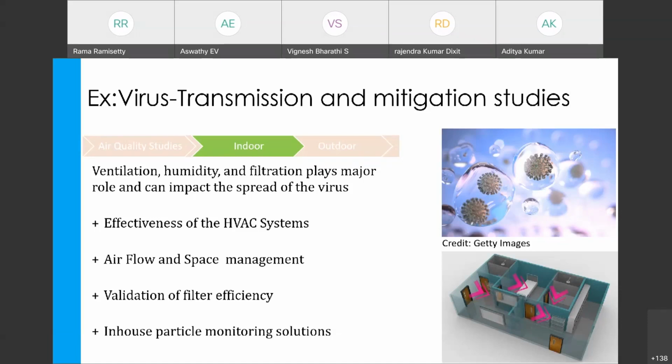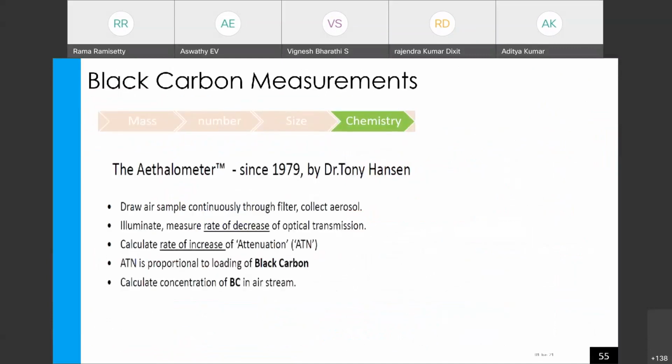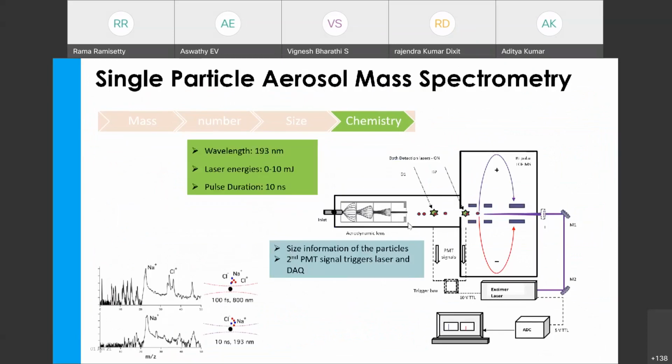With respect to this aerosol mass spectrometry, do we also get information regarding the mass of the particles, or does it just give information on the number and the chemical composition? It will give the mass. I mean, it calculates mass, because if you look at this particular technique, it also measures the total mass of the particles.